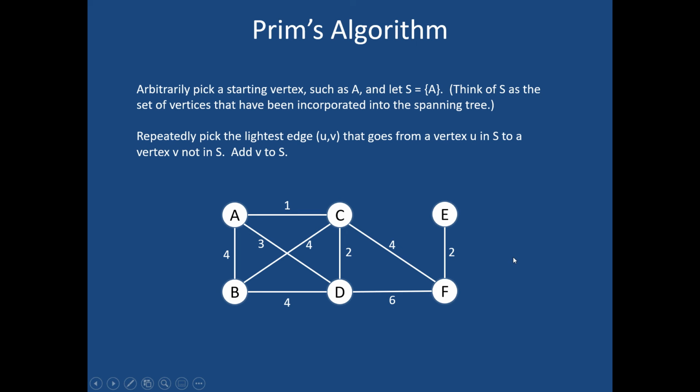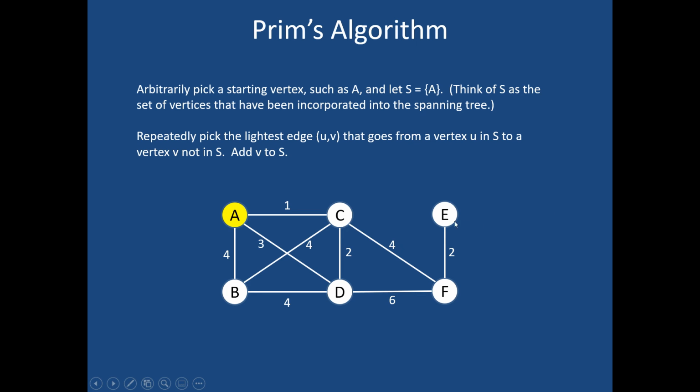Okay, here's Prim's algorithm. It's a lot like Dijkstra's algorithm. We're going to grow the tree. We're going to arbitrarily pick a starting vertex, and there's our starting point.